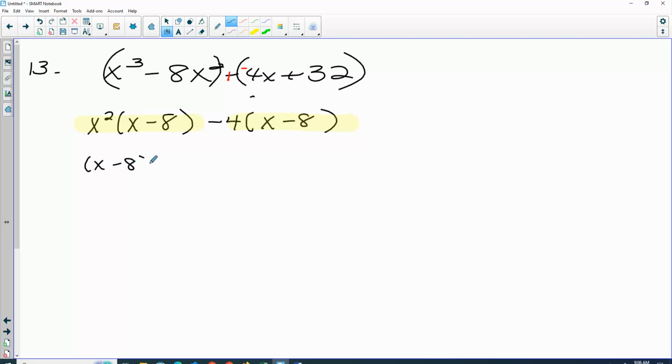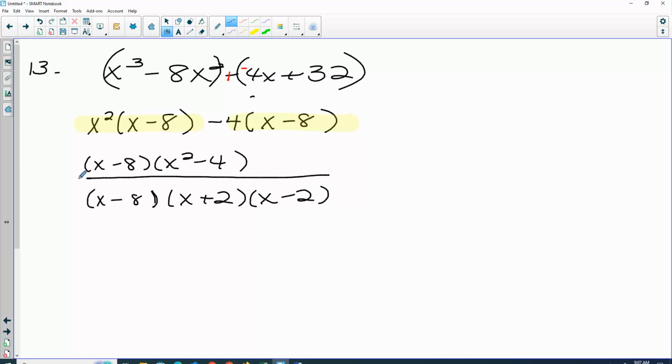So if we take out x minus 8, that leaves us with x squared minus 4. And you can go one more step because x squared minus 4 is a difference of squares. So that would break into x plus 2, x minus 2. Is that one okay?